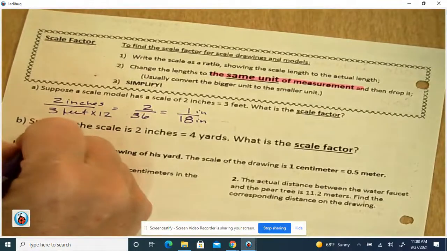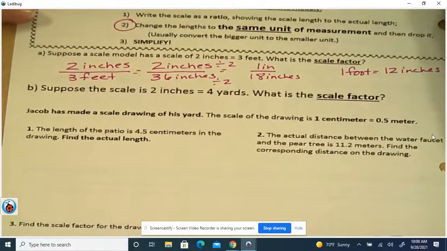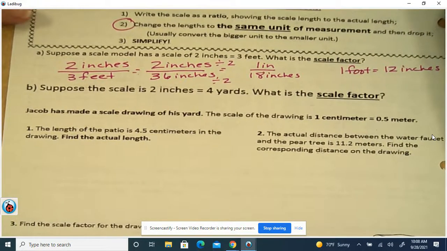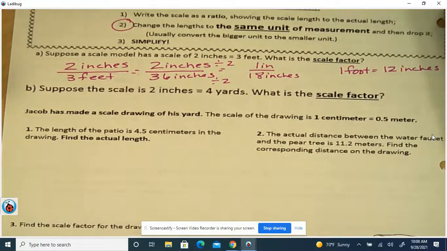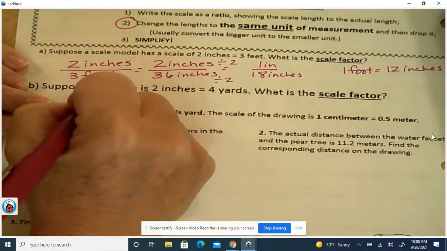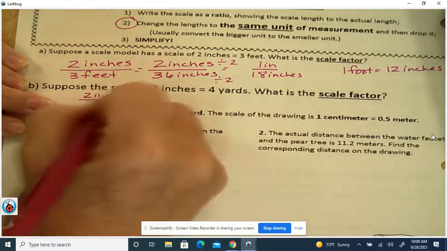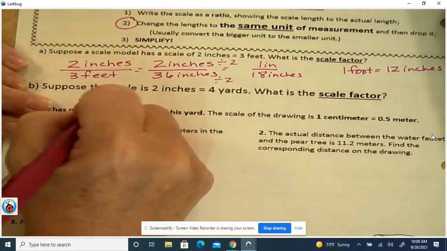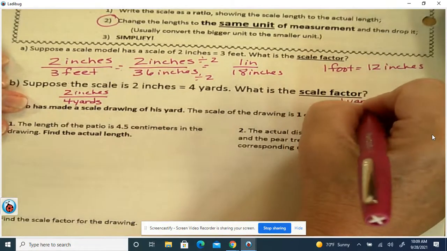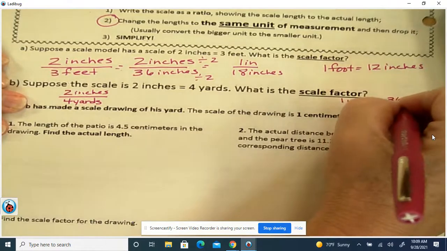So if we look at number 2, we've got a scale of 2 inches over 4 yards. 1 yard is equal to 36 inches.